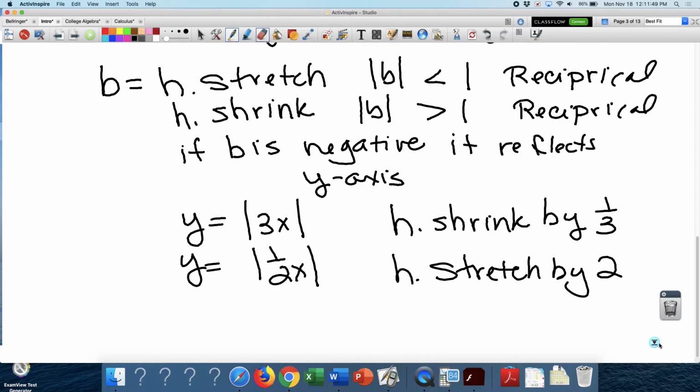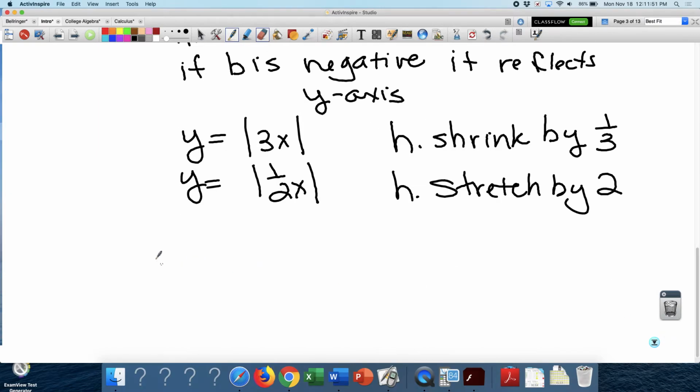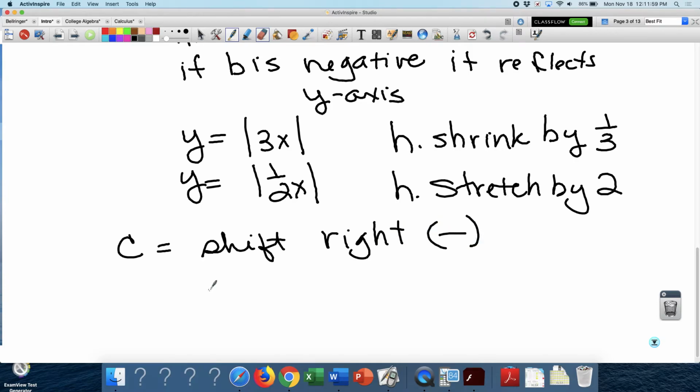Now let's talk about the C. The C is the shift right if it's negative, because remember it's opposite, and the shift left if it's positive. The B will be the one that gives you the harder time.